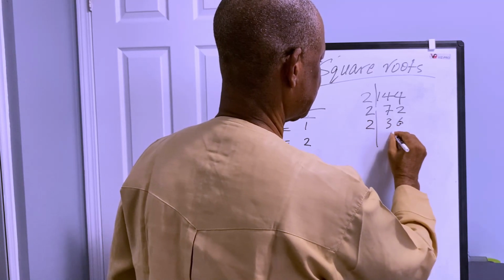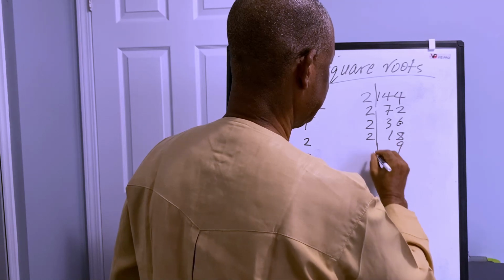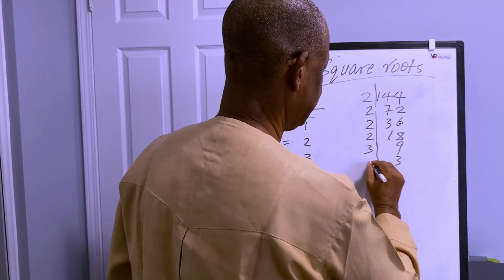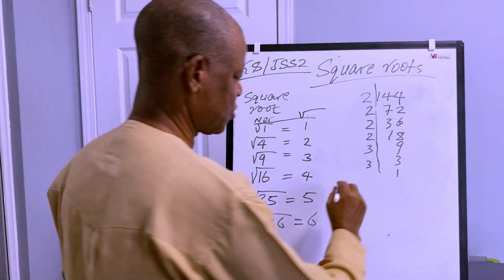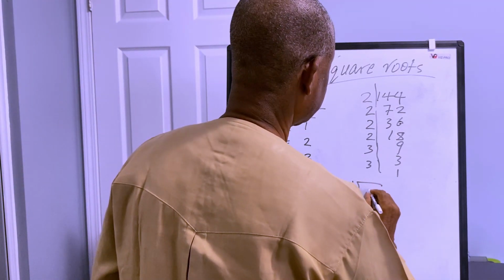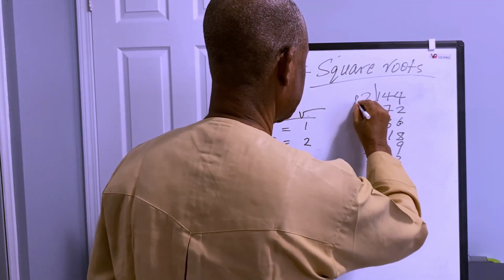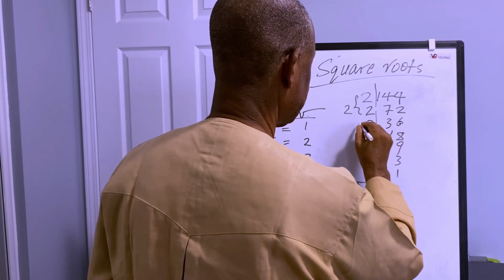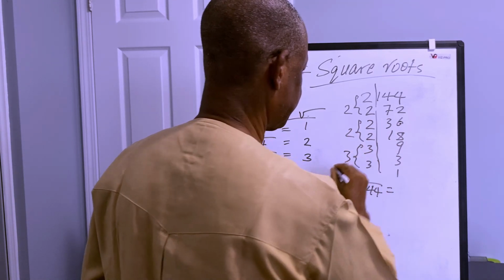2 can still go to give us 18. 2 again to give us 9. Then 3 to give us 3. And 3 to give us 1. Therefore, the square root of 144 is, this is 2, this is 2, this is 3.